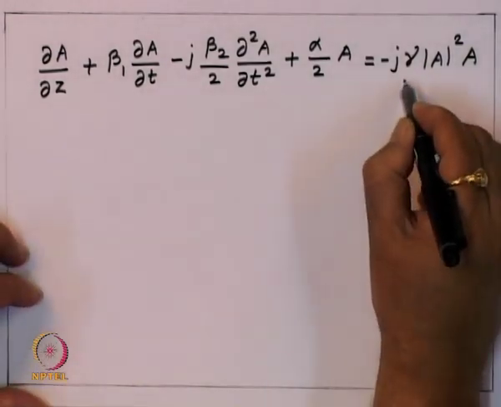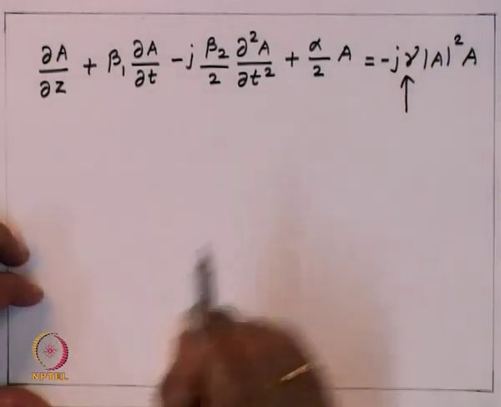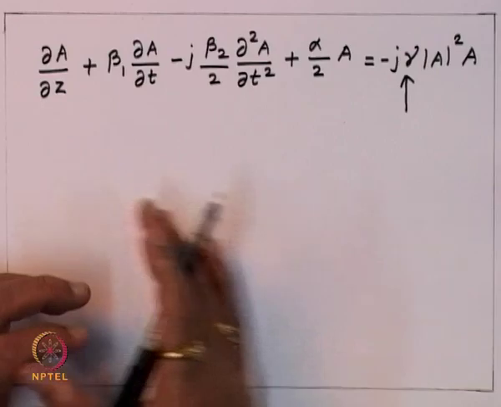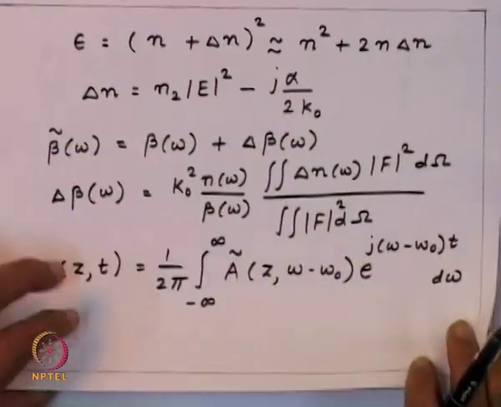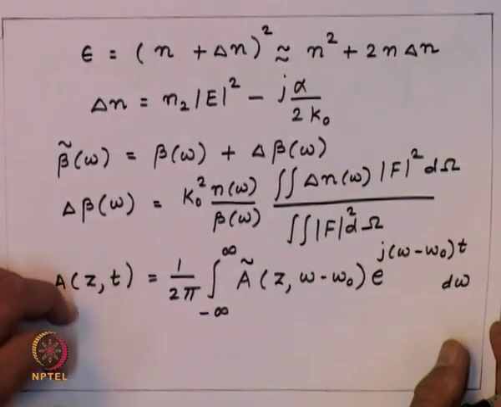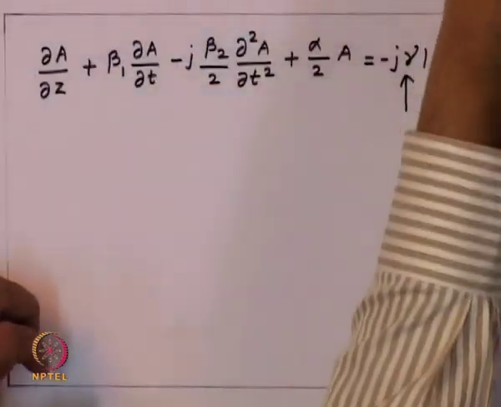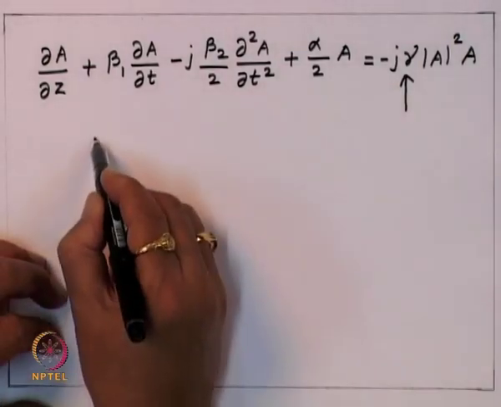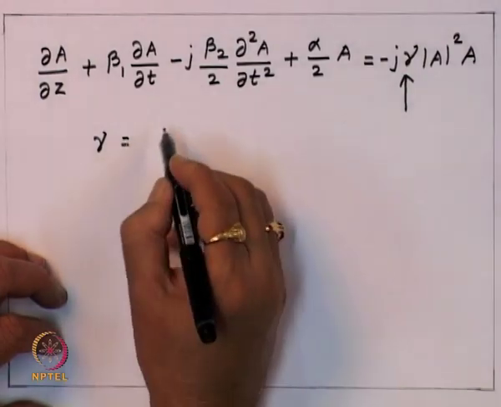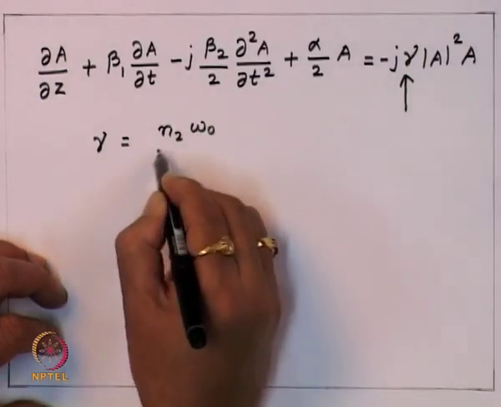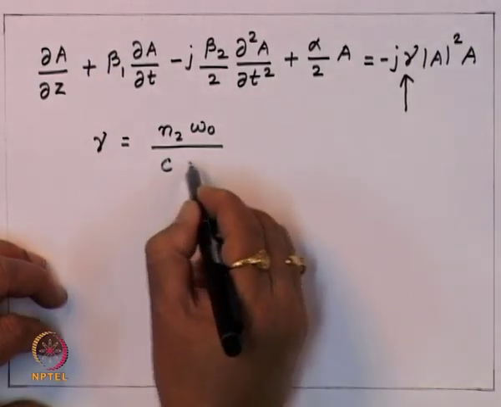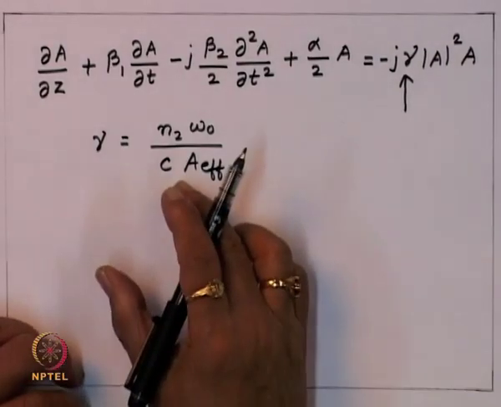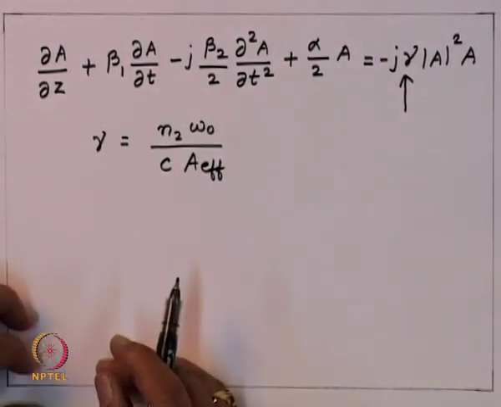where this quantity gamma is the non-linearity parameter, and that is related to the change in refractive index because of non-linearity, this quantity n 2, the non-linearity coefficient, and also the confinement of the light. So, this quantity gamma is n 2 omega 0 divided by c times A effective, that is the effective area over which the light is confined inside the optical fiber.